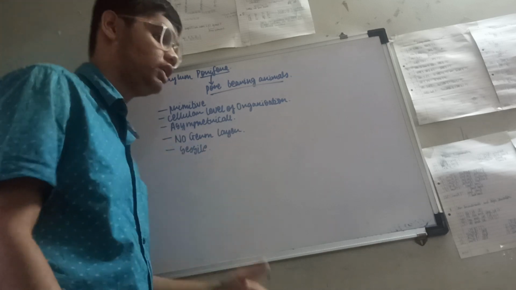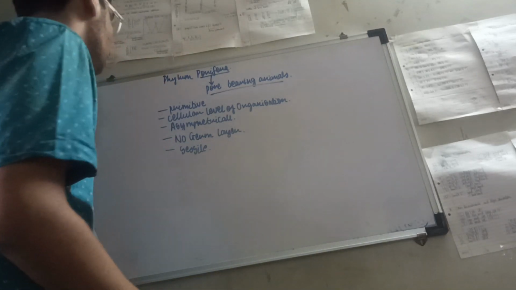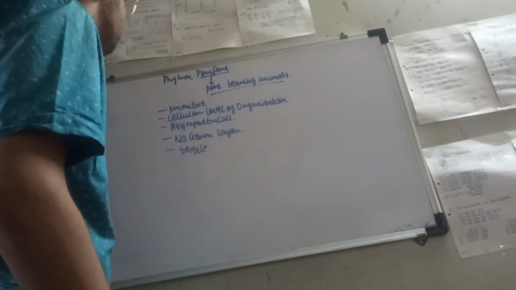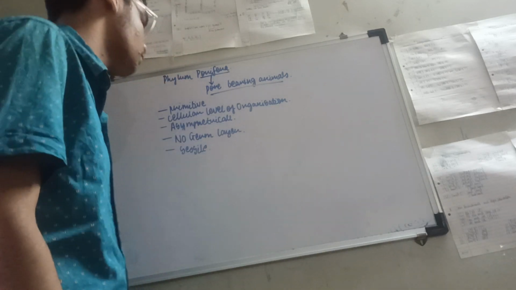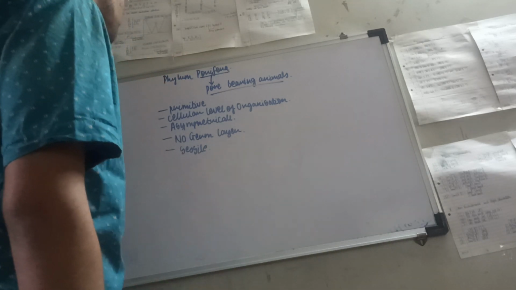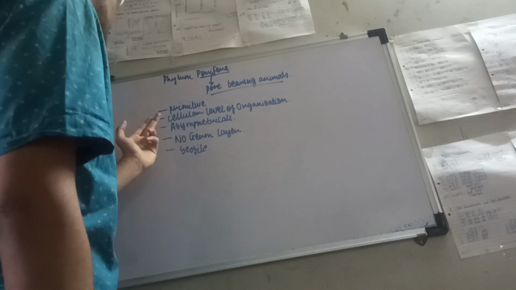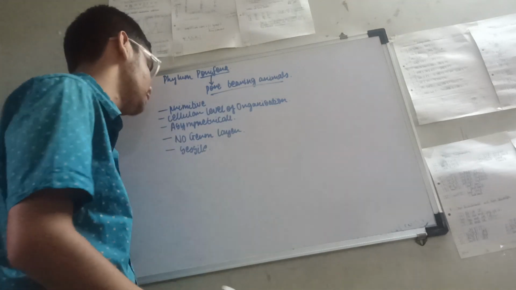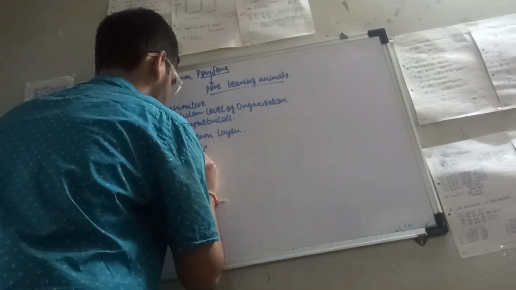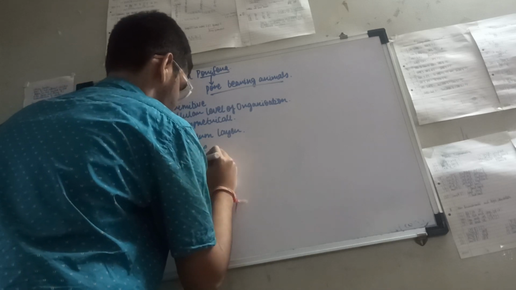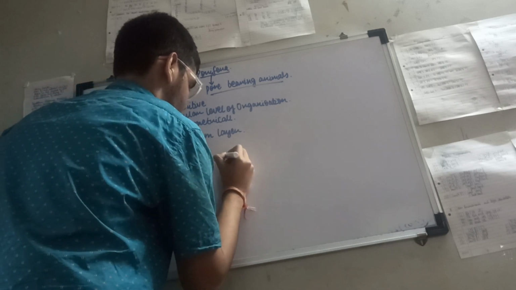And furthermore, the characteristics: they are primitive and asymmetrical. No germ layer means acoelomate, no body cavity.